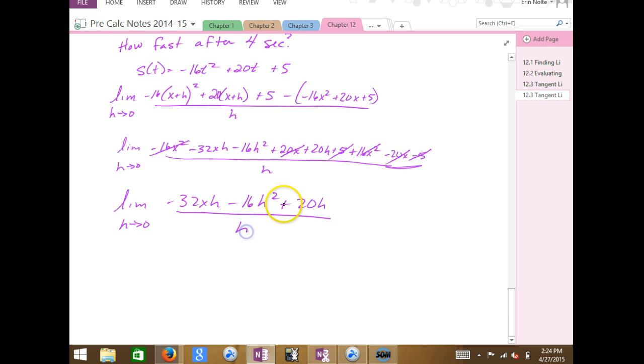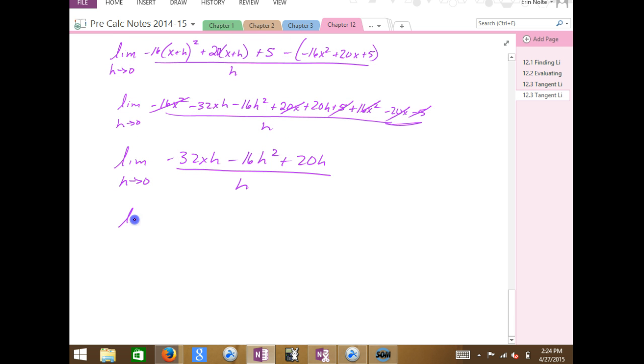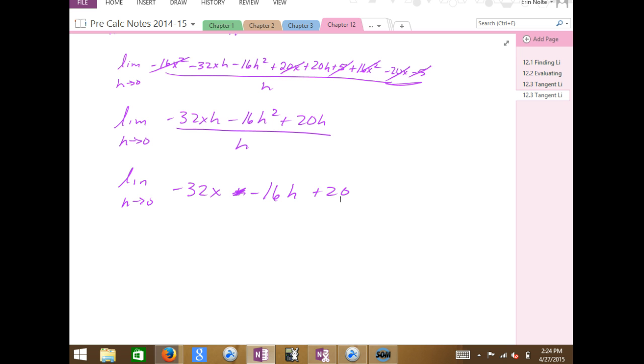Okay, so then I'm going to pull an h out, and simplify, killing the one on the bottom. So I get negative 32x minus 16h plus 20. So now if I plug 0 into the h, I get negative 32x plus 20.